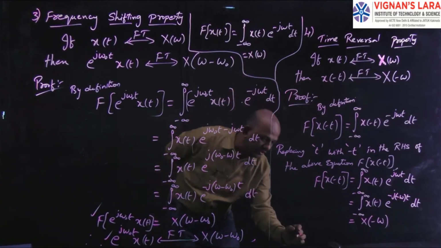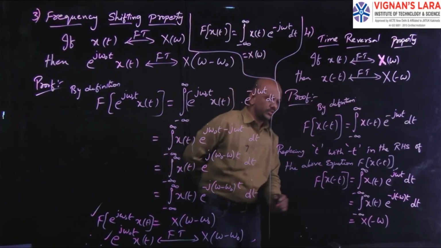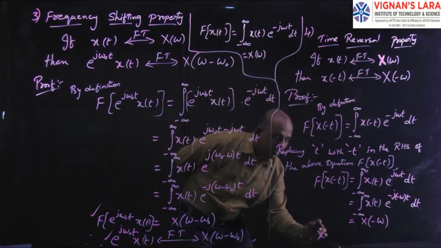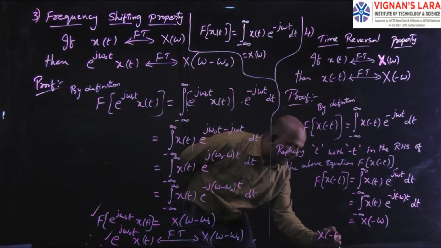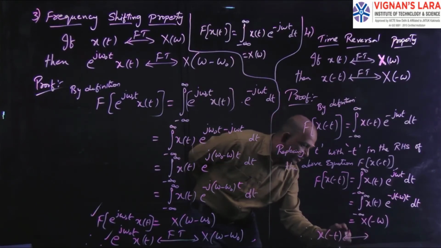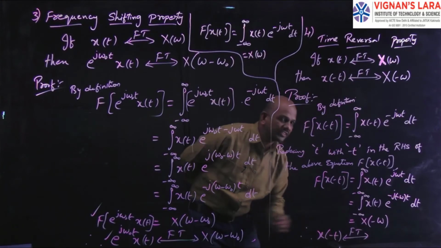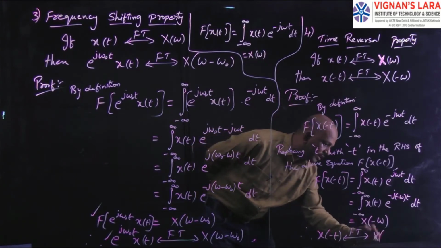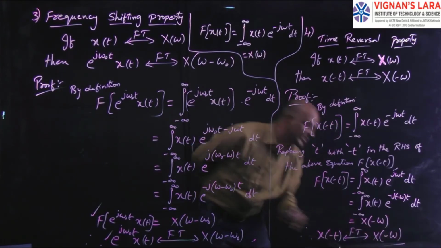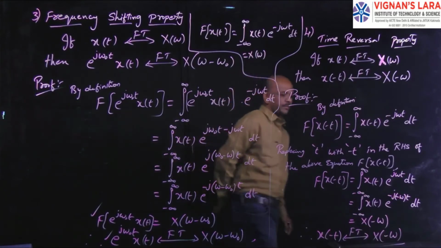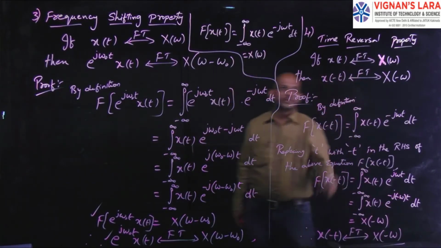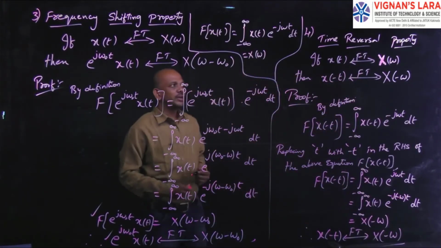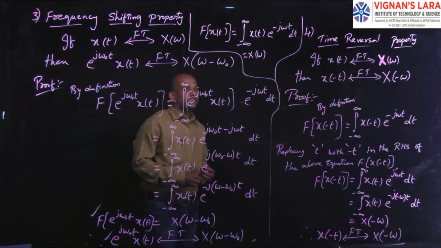Therefore we can conclude that x of minus t will have the Fourier transform X of minus omega, hence proved. This is the proof for the time reversal property.